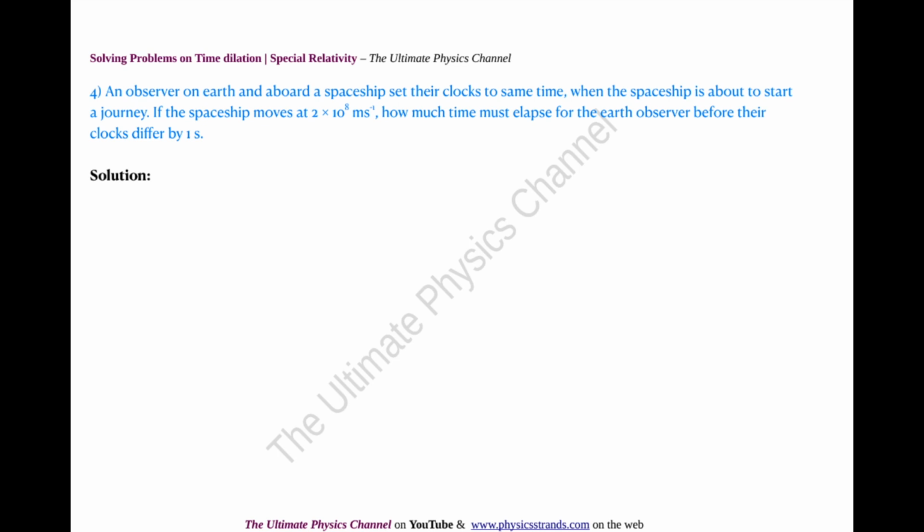Okay. And the speed of the spaceship u is given in this question as 2/3 of the speed of light, right? So 2 into 10 power 8 meters per second. So we can use the time dilation expression, that is del t prime is equal to del t over the square root of 1 minus u squared over c squared.